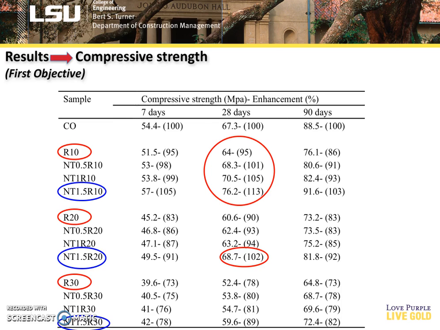Finally, although using nanotitanium with 30% black rice husk ash replacement has shown improvement in strength compared to black rice husk ash alone, the compressive strength is lower than that of control sample.